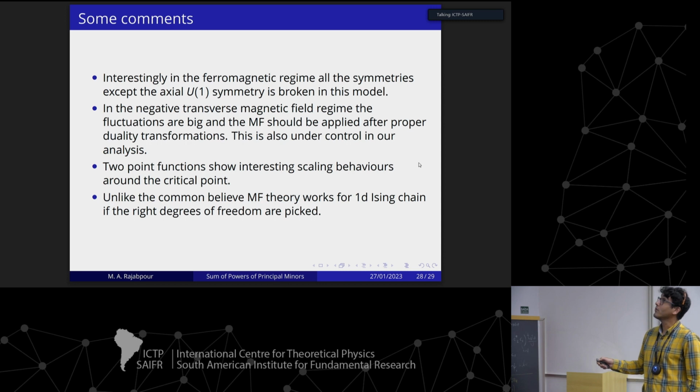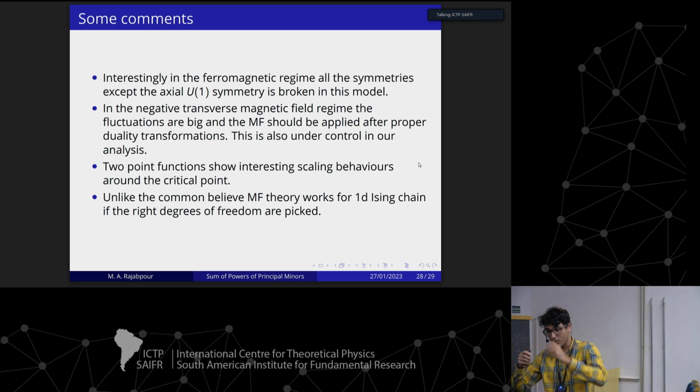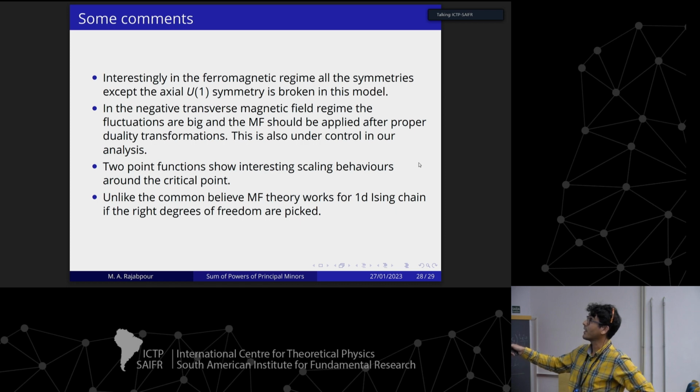As I told you before, in the ferromagnetic regime, in the Ising case, all the symmetries except the axial U1 symmetry are broken in this model. Well, in the negative transverse magnetic field, so you can even go to the negative one, there are some fermionic dualities we can use to get good results for this mean field calculation that I showed you.